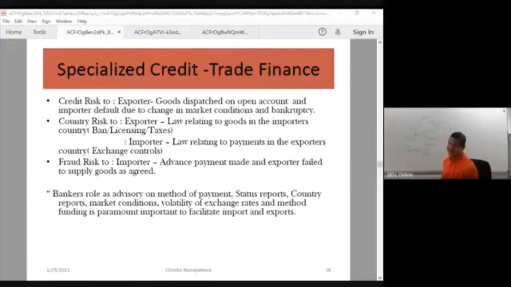Mostly our tea trade and cinnamon trade are done on this basis because those foreign buyers have created the demand, and they have demanded that we should send quality goods for them to pay.